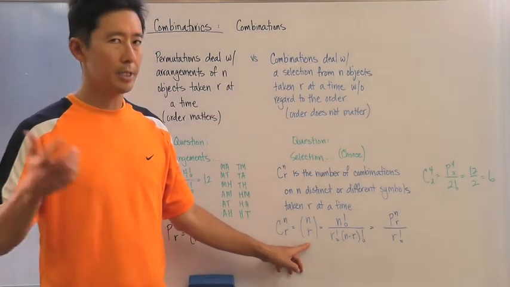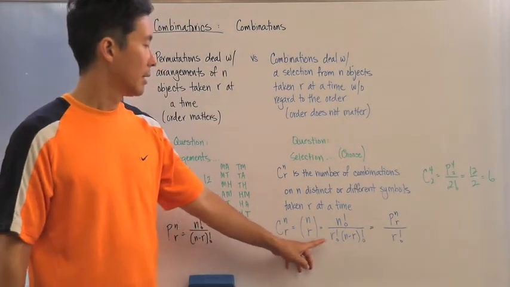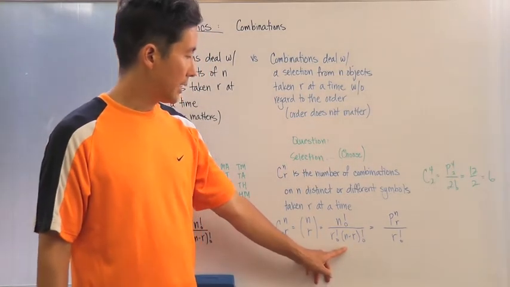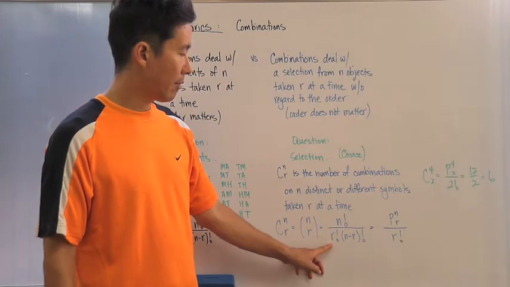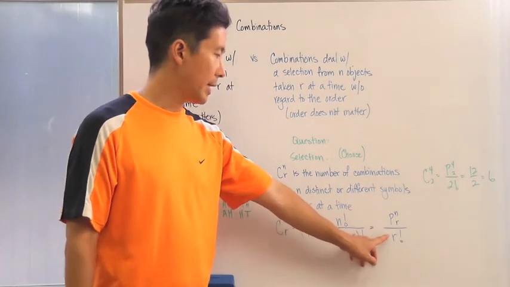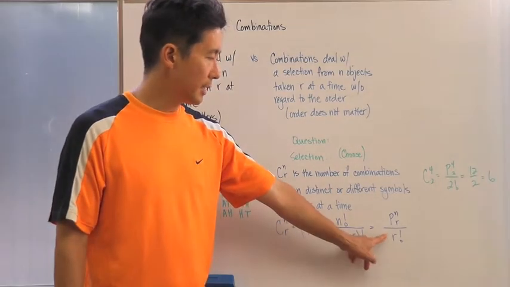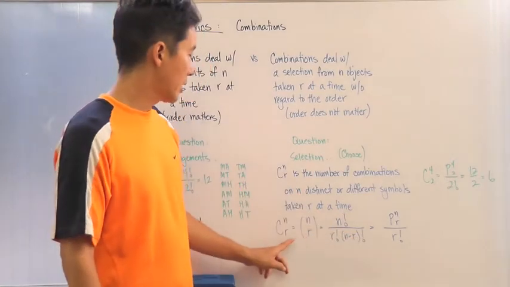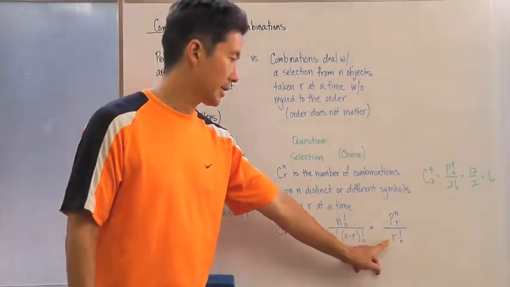Before, we just put it into the calculator, but what we're going to notice is that it's actually n factorial divided by r factorial times n minus r factorial. Now I'm going to relate it to the permutation this way, and hopefully that will give us a better understanding as to why combinations are calculated as such.